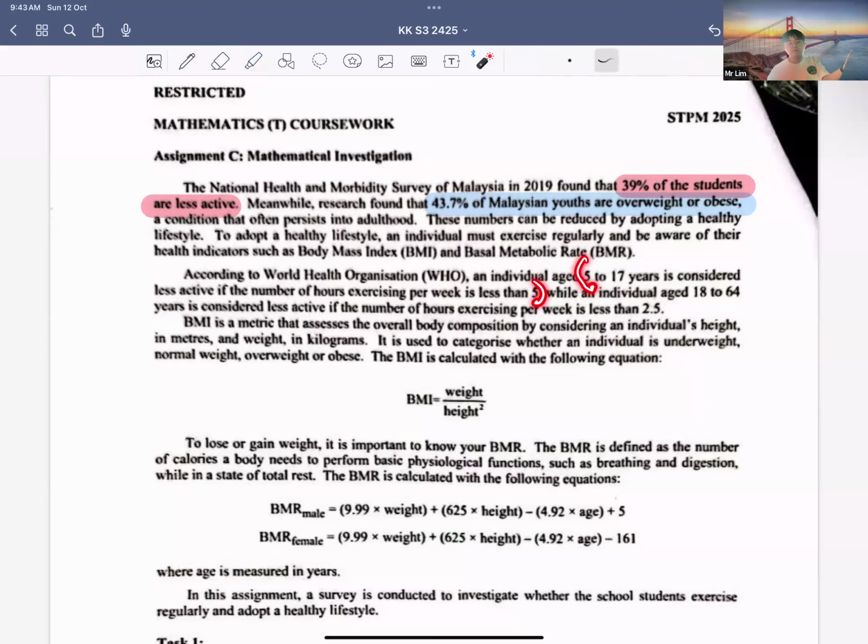Most of you are 19 now. So you are going to use the second indicator, which is an individual aged 18 to 64 years considered less active if the number of hours exercising per week is less than 2.5. So this is your metric. This is your standard. Later we will see how to use it.